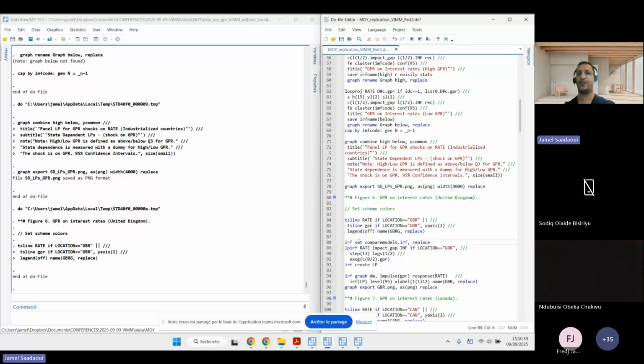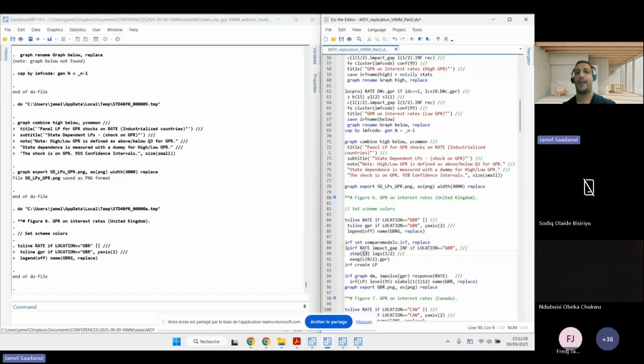So first, like in VARs, in Stata, you have to first set a database for the impulse response function. This database is comparemodel.irf. So lpirf, the rate, the controls, the output gap and inflation, and the country will be the UK.